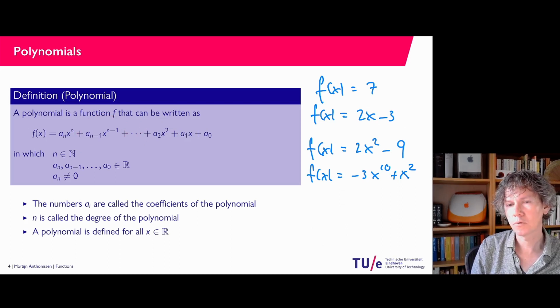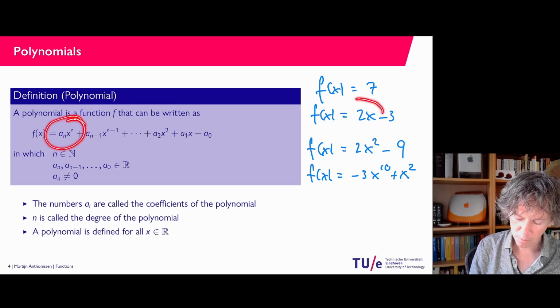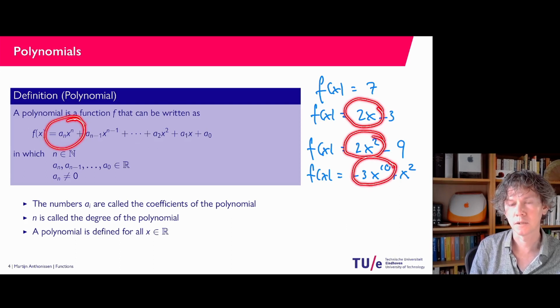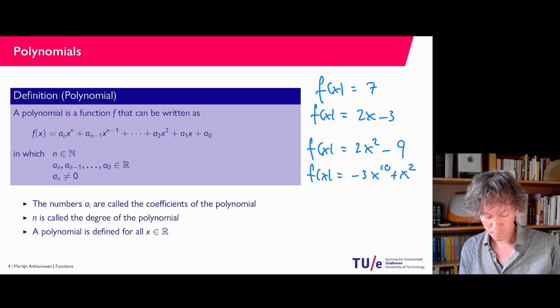N is a natural number like 10, 100, or 1000, and a_n x to the power n. So this is the highest power of x in the polynomial, and here it is x, here it is x squared, and here the highest power is x to the power 10. So those are all polynomials.